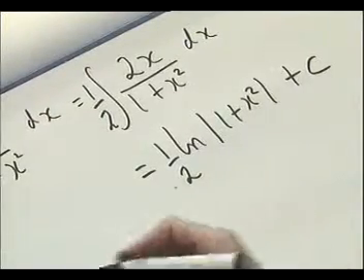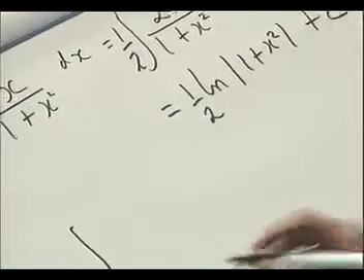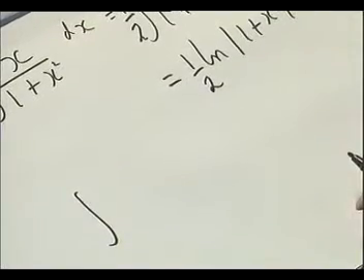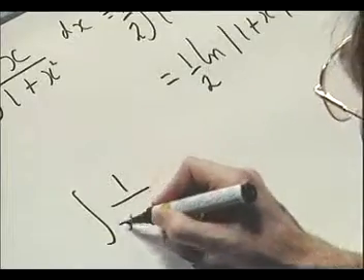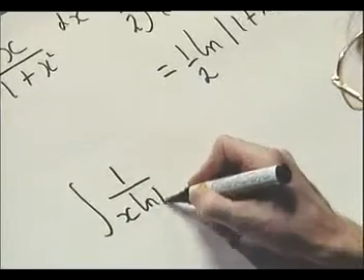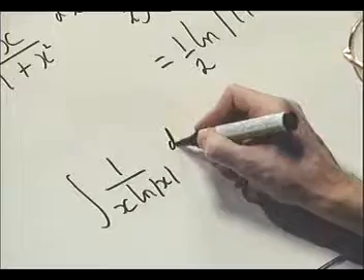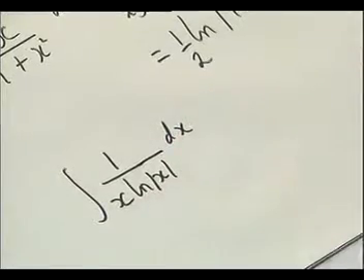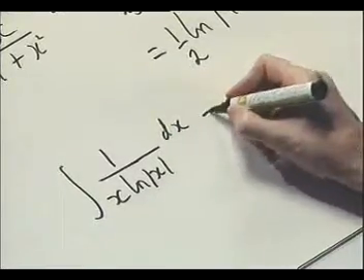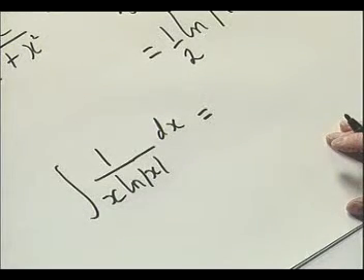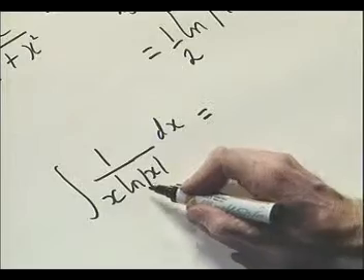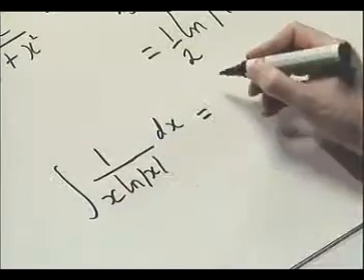We can even have this with what look like very complicated functions. So let's have a look at 1 over x times the natural log of x. Doesn't look like what we've got, does it? But let's remember that the derivative of log x is 1 over x.